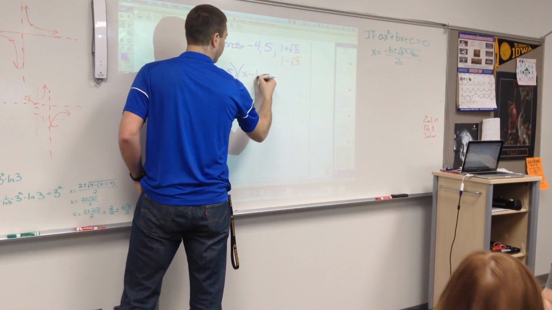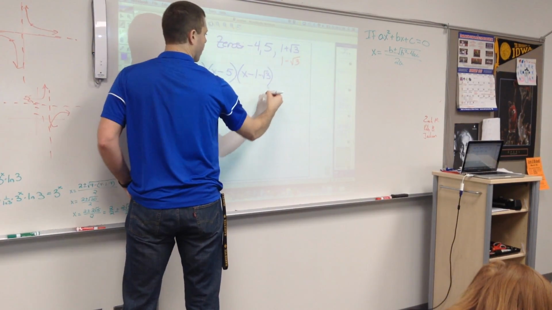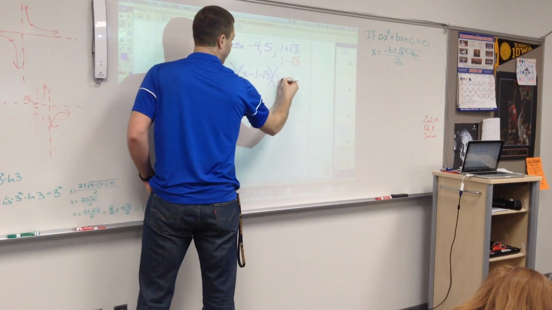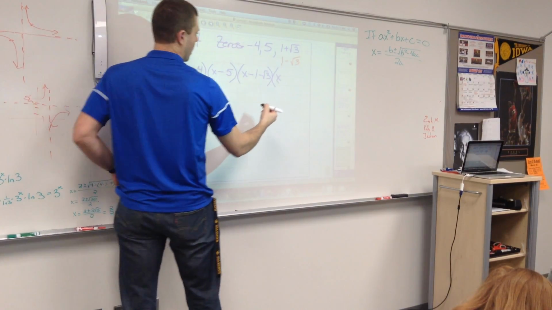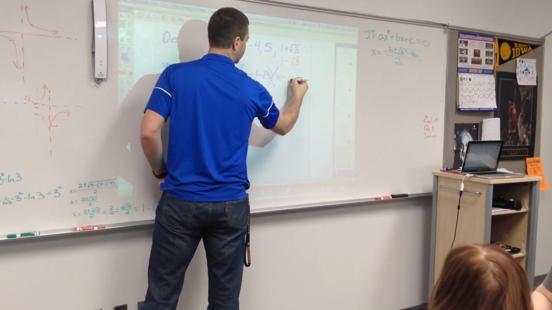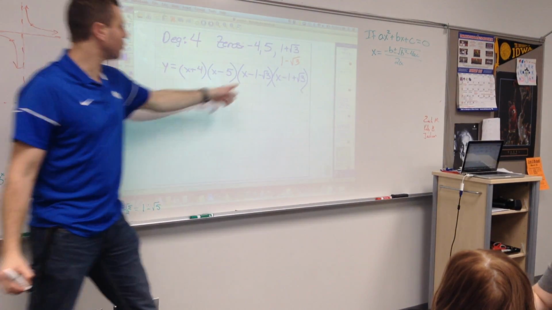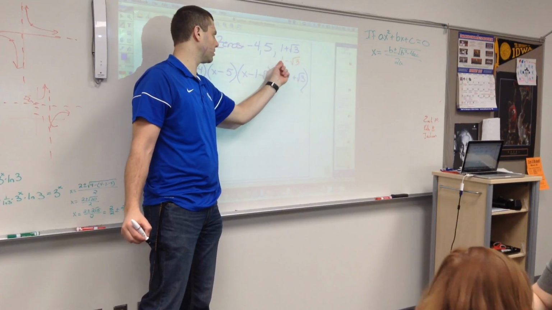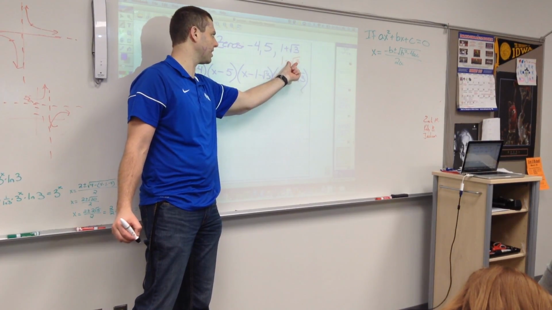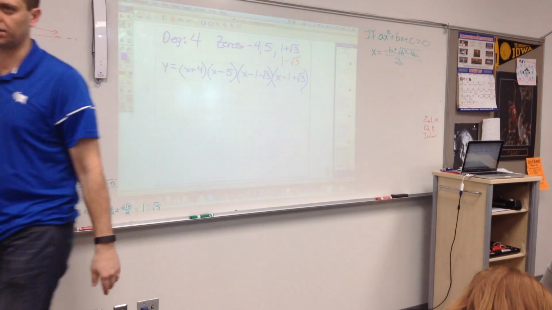So it'd be x minus 1 minus root 3. And if I minus this, it'll be x minus 1 plus root 3. Because you're subtracting that quantity, so you'd be subtracting the 1, and then you'd be subtracting a negative root 3, which would become plus root 3.